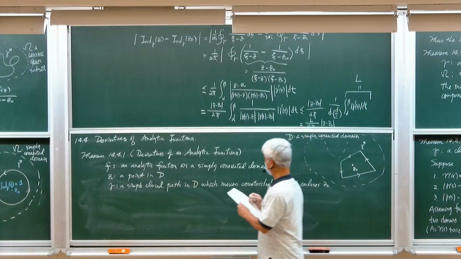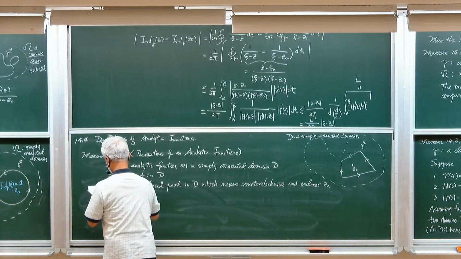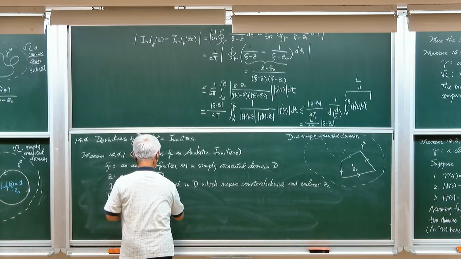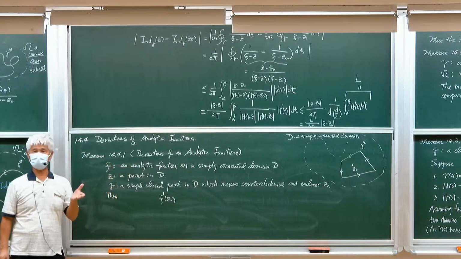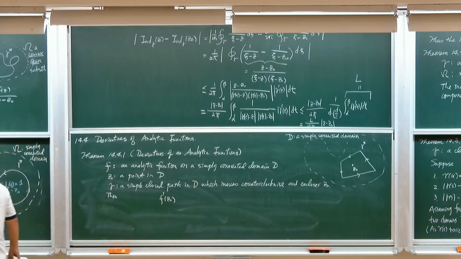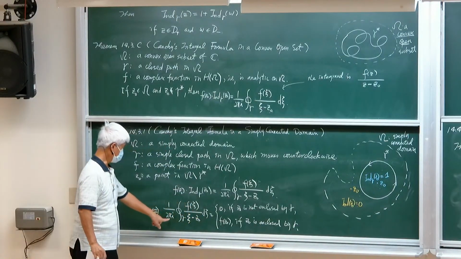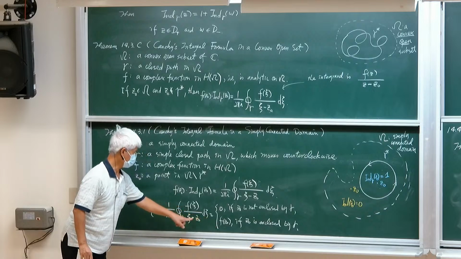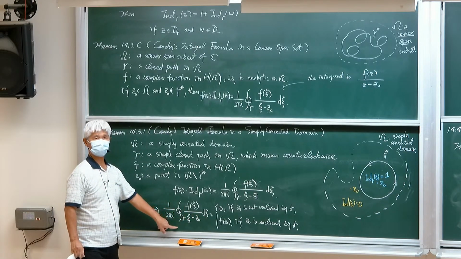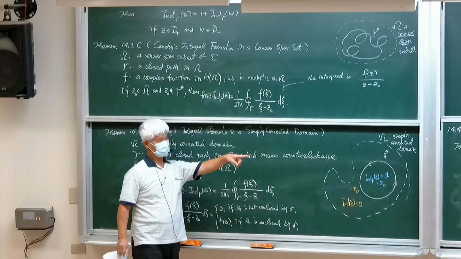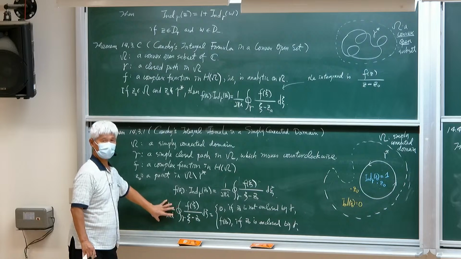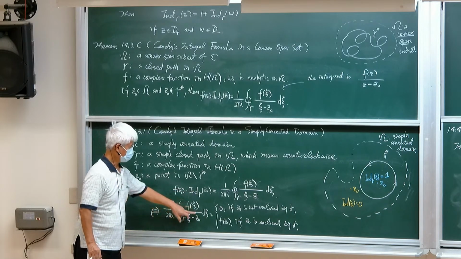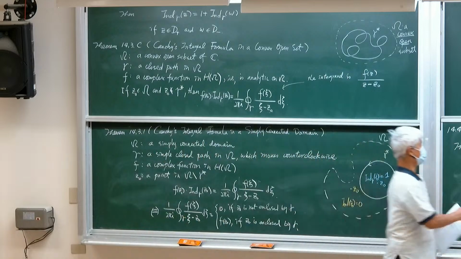Then the first derivative. We know f is an analytic function, right? And by the way, from Cauchy's integral formula, we know f(z0) is here, right? f(z0) can be equal to this one, because z0 is enclosed by the simple closed path. But how about f prime of z0, the first derivative?